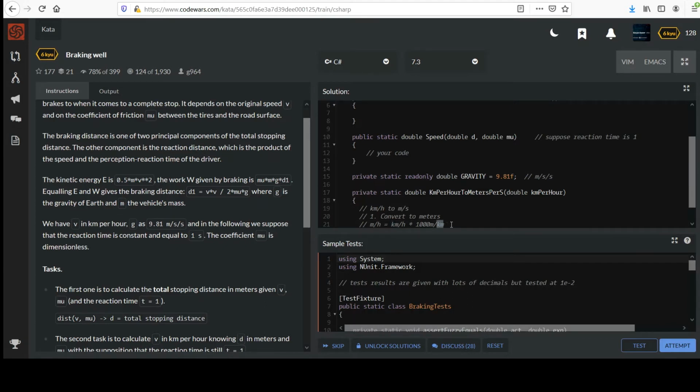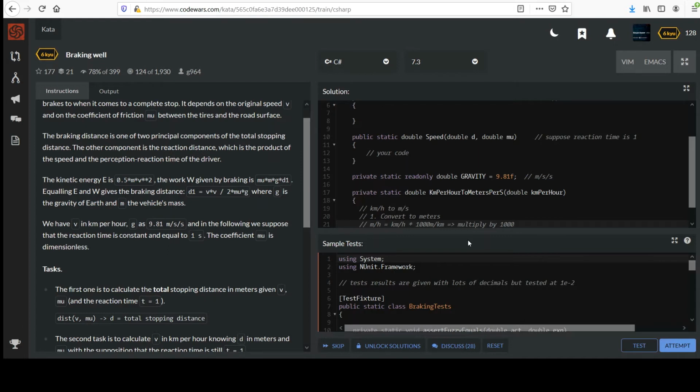As a result, what we have to do is multiply by 1,000, because there are 1,000 meters for every kilometer. You can imagine if you had a value of 1 kilometer per hour and someone asked you how many meters per hour that is, you would just multiply that 1 by 1,000. You'd say 1,000 meters per hour.